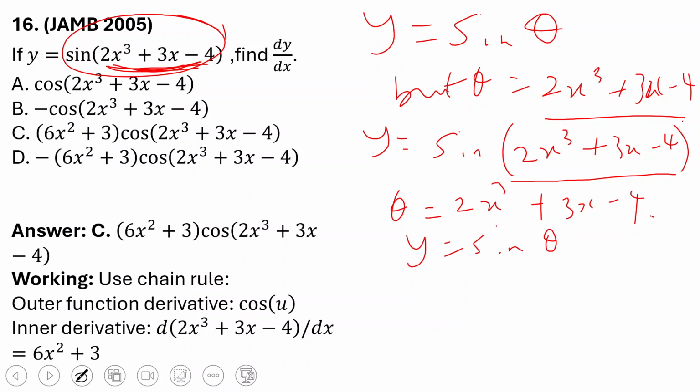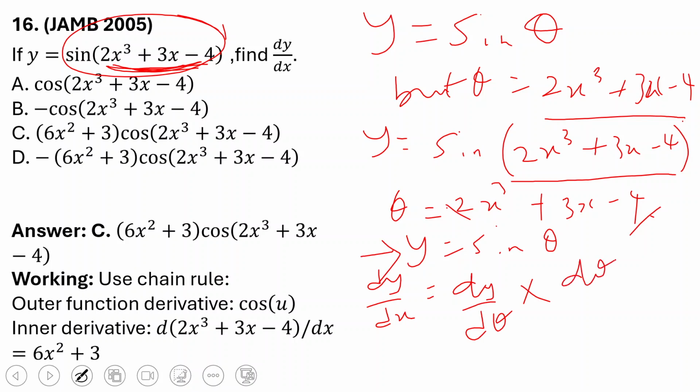If I put the expression in place of theta, I still get my initial question back. So for the chain rule, dy/dx is equal to dy/d theta times d theta/dx. The two functions you have broken down into, you are going to differentiate them.